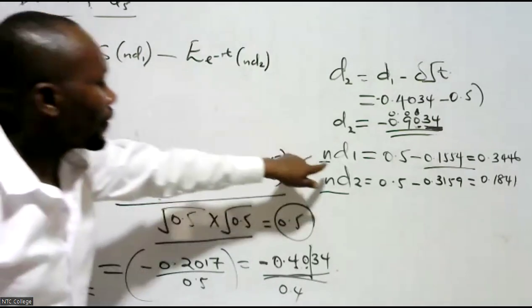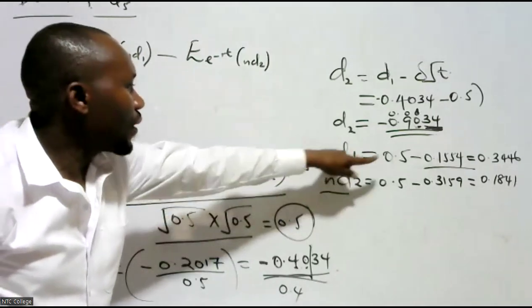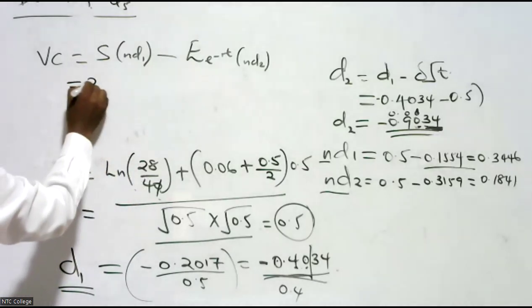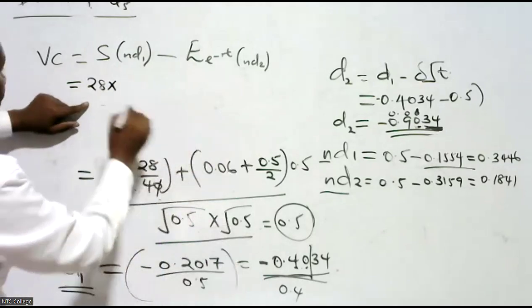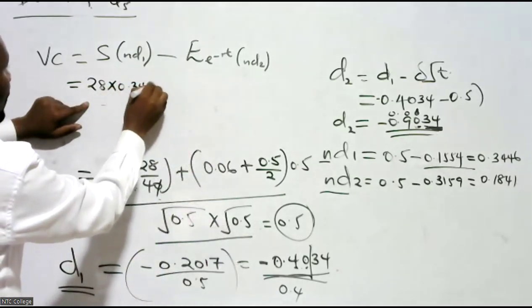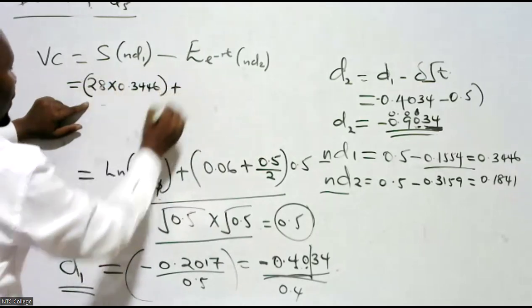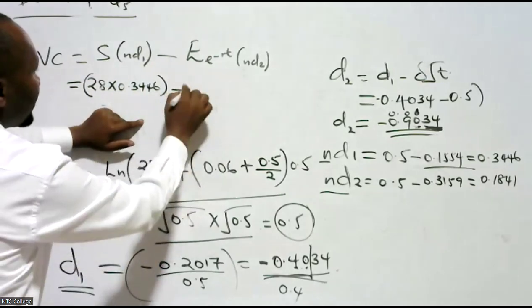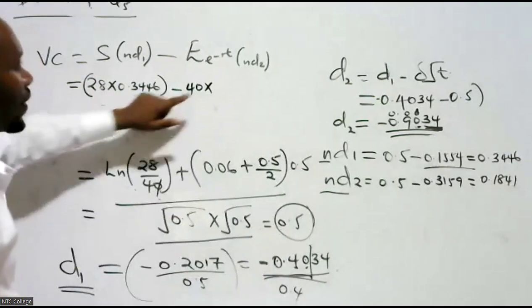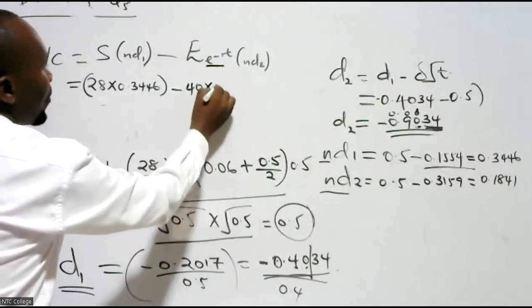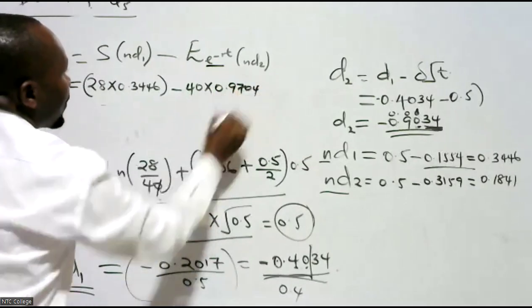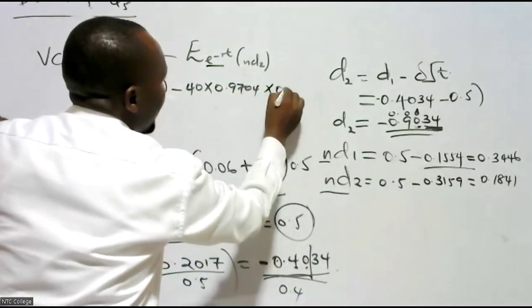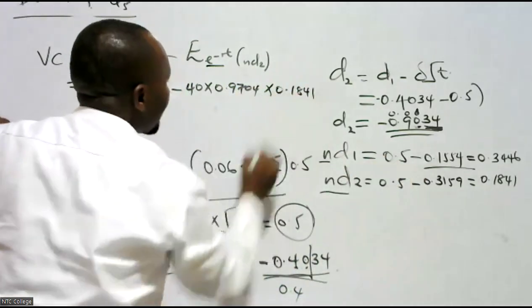Now you have your ND1. So S was 28. So this is equal to 28 times ND1, which is now 0.3446, minus E, which is 40, times what we already calculated, 0.9704, times ND2, which is this one, 0.1841.